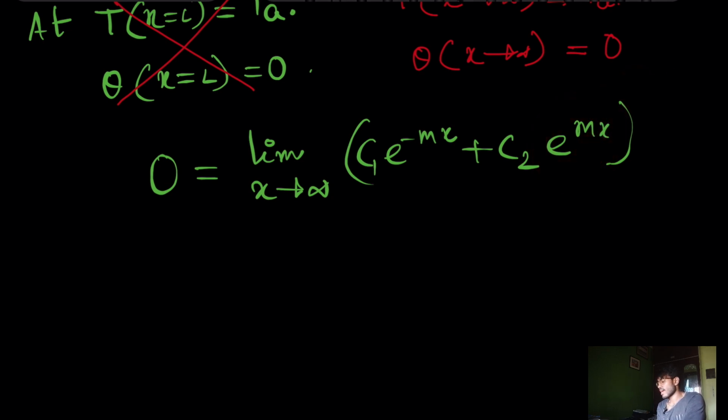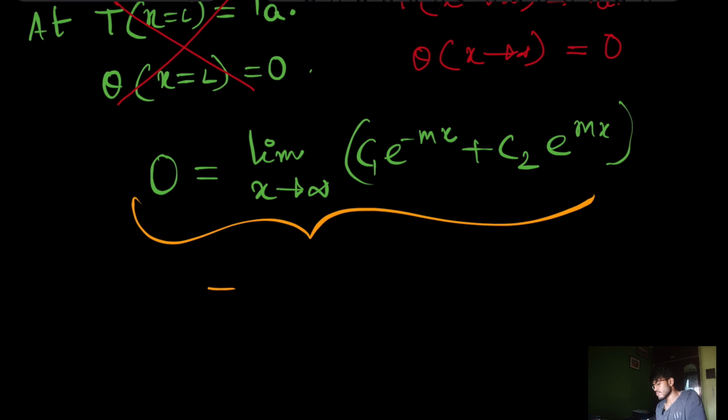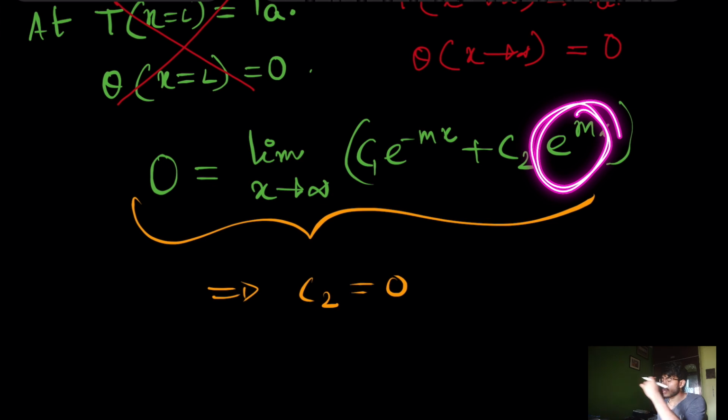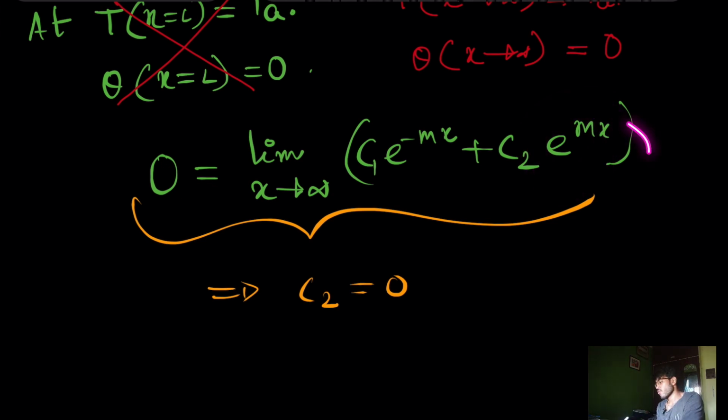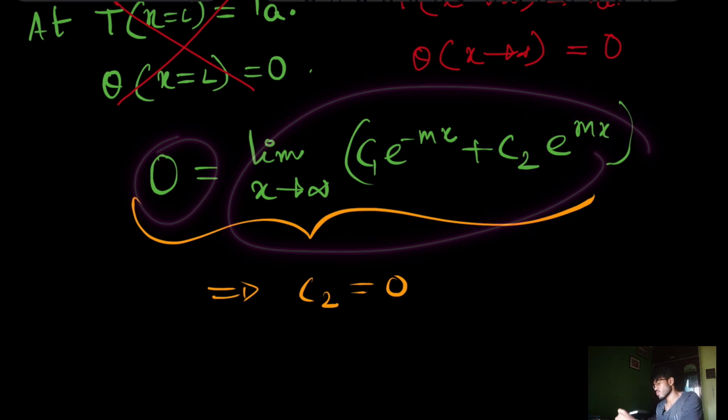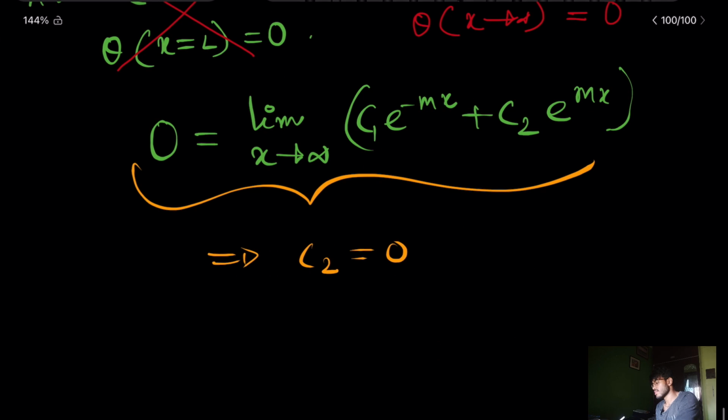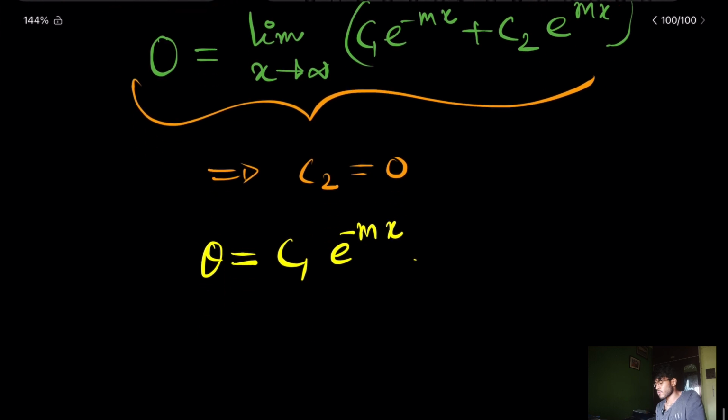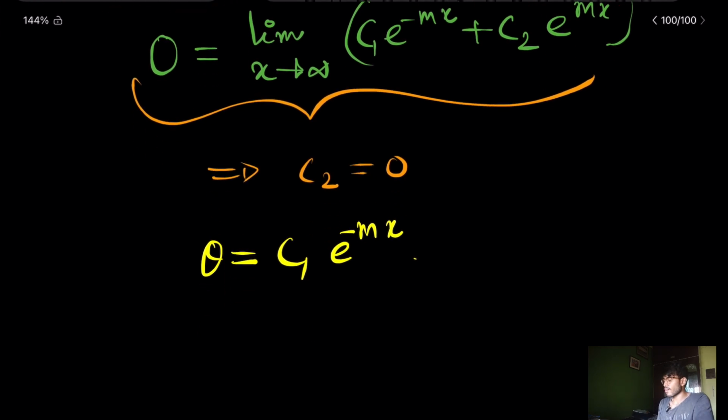That means if this has to be true, then my C2 must be 0, because if this term is there in the equation, I cannot have this whole term equal to 0. That means my theta is equal to C1 e to the power minus mx. Now how to find C1?